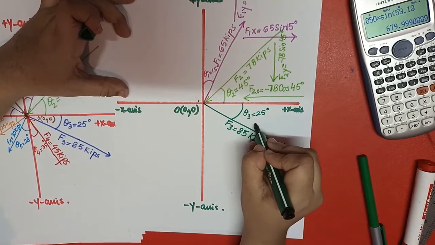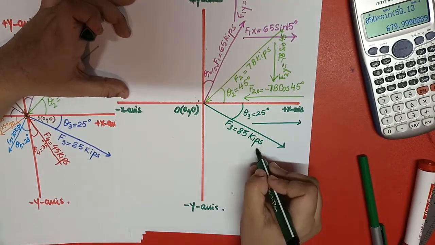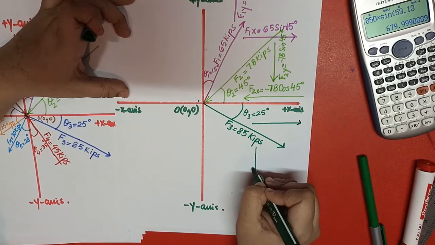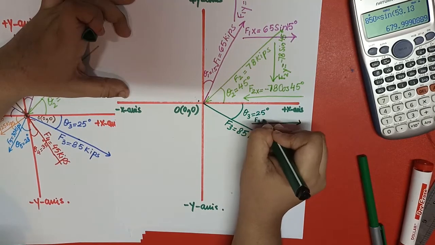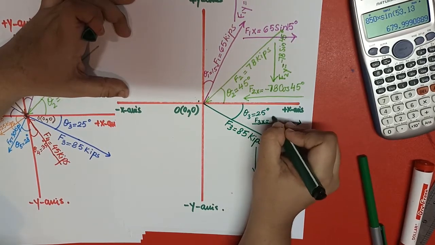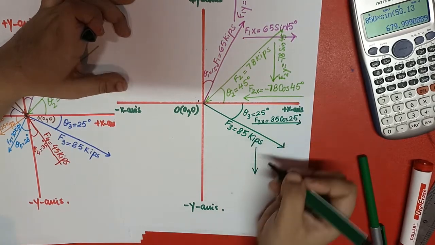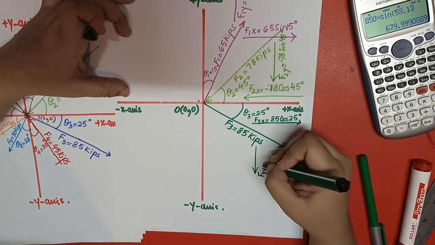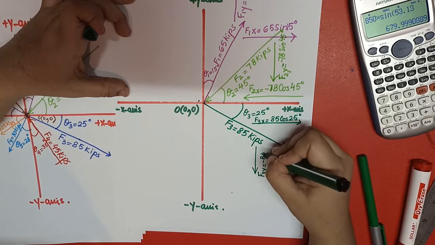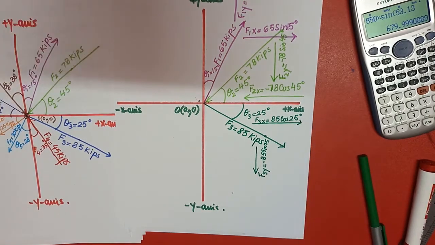So its components should be parallel to the positive x-axis and negative y. So F3x is equal to 85 cos 25 degrees. This should be positive. And F3y is equal to minus 85 sin 25 degrees, because it is parallel to the negative y-axis.